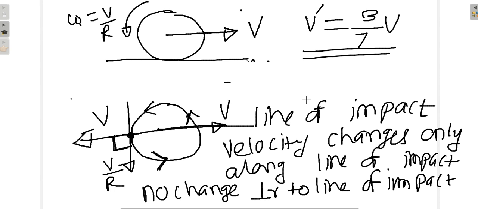I am doing sum number 27. I think it has been solved, but still let us do it because there is an external force acting in this case. So I am doing example number 27, H.C. Verma, page 190. Okay.